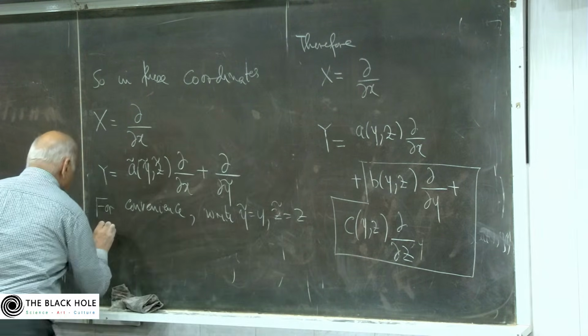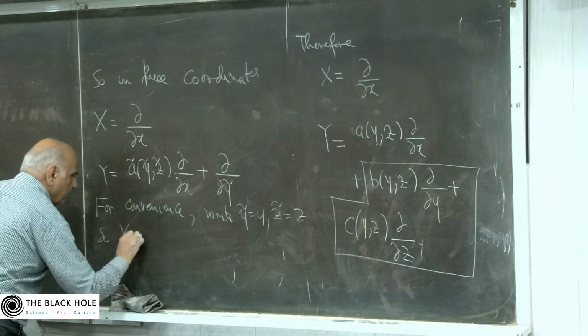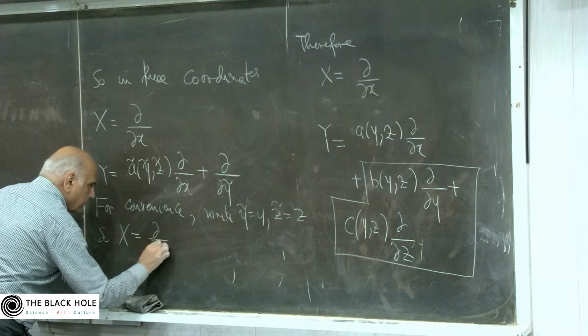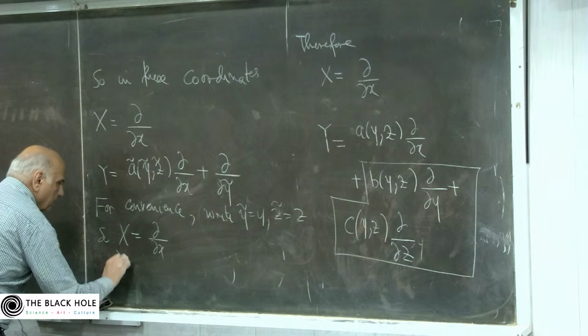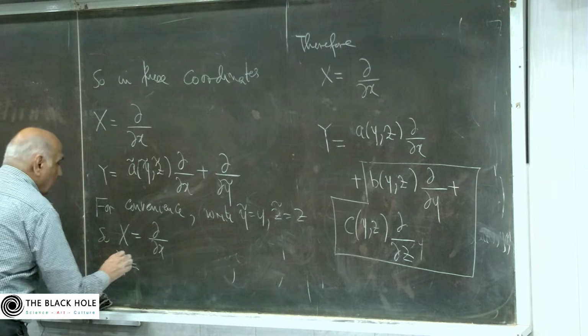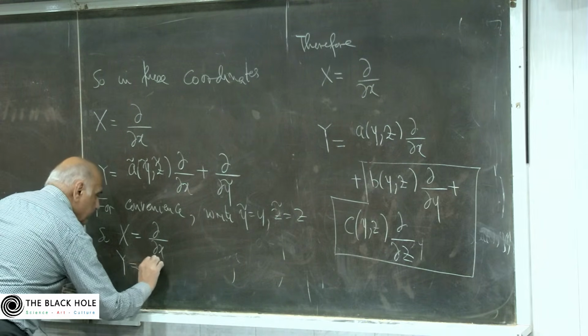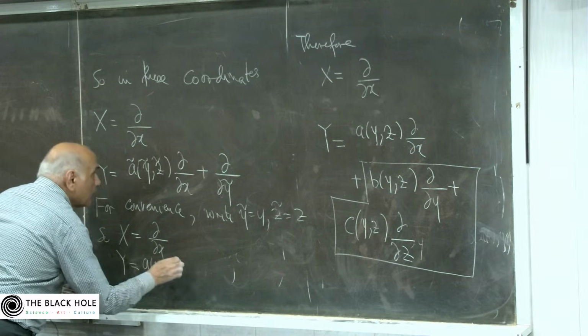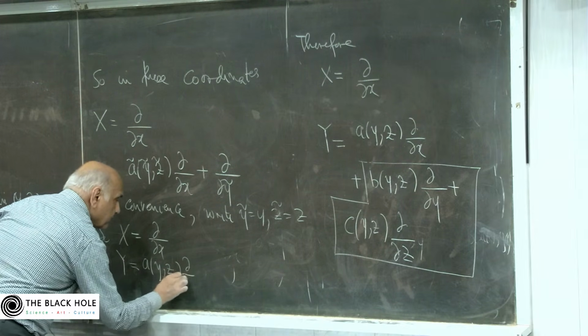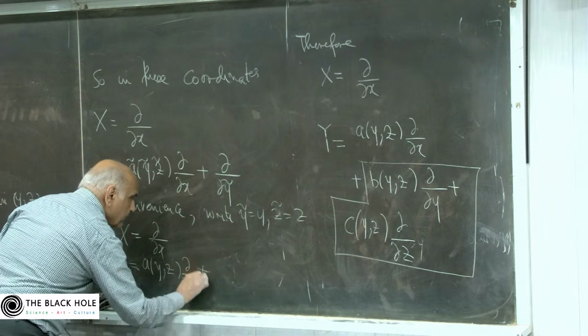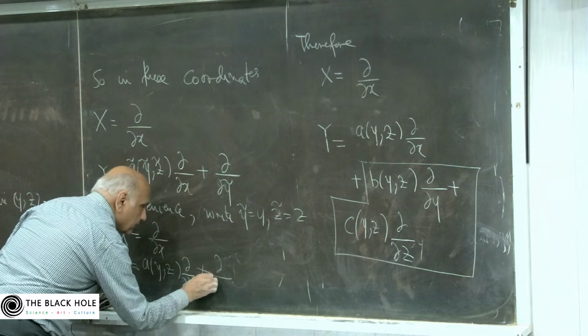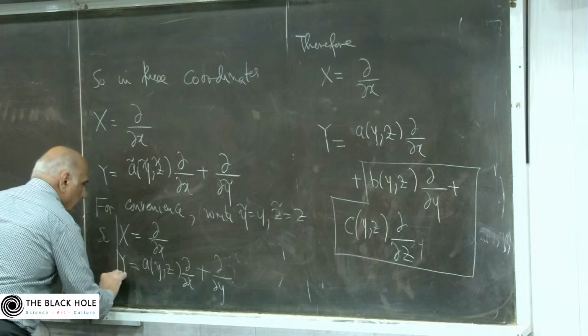So x is partial by partial x and y is equal to a(y,z) partial by partial x plus partial by partial y. Okay.